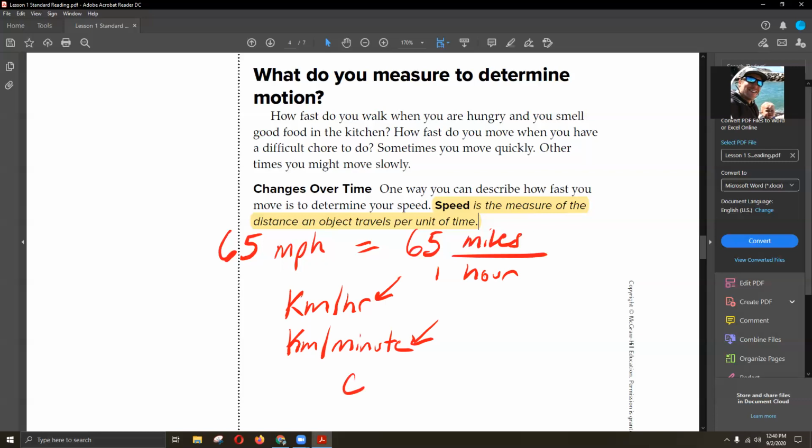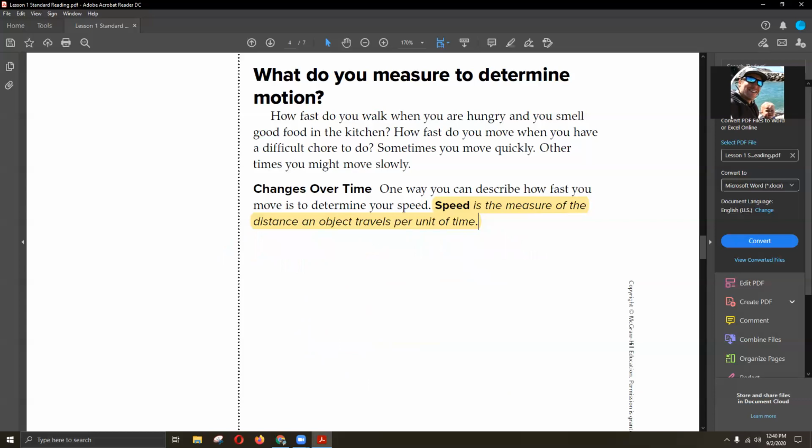On your rulers, you might use centimeters per second. You might use centimeters per millisecond if you were working with really small distances of time. So there are all sorts of possible units here, but it's still speed. You're still measuring distance divided by time.